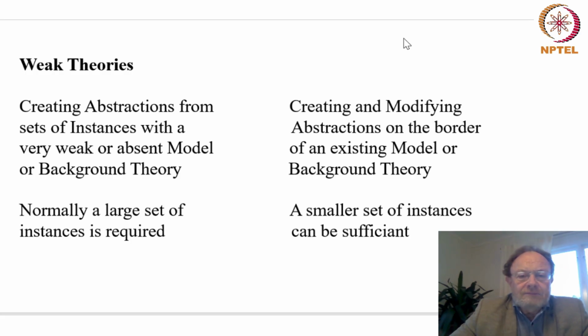In these cases, you may have a lot of example instances, but these techniques could also work with a smaller set of instances because there is so much guiding knowledge for guiding the way the abstractions are formed. So this is the reason for this distinction.